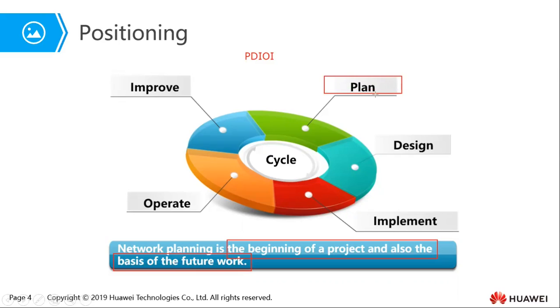Network planning will cover details such as setting up the project's objective. We want to understand the basis of this particular project. These objectives must be SMART. I know you already know what SMART means. They must be definite, measurable, and they cannot be blurry. They have to be very precise and clear.